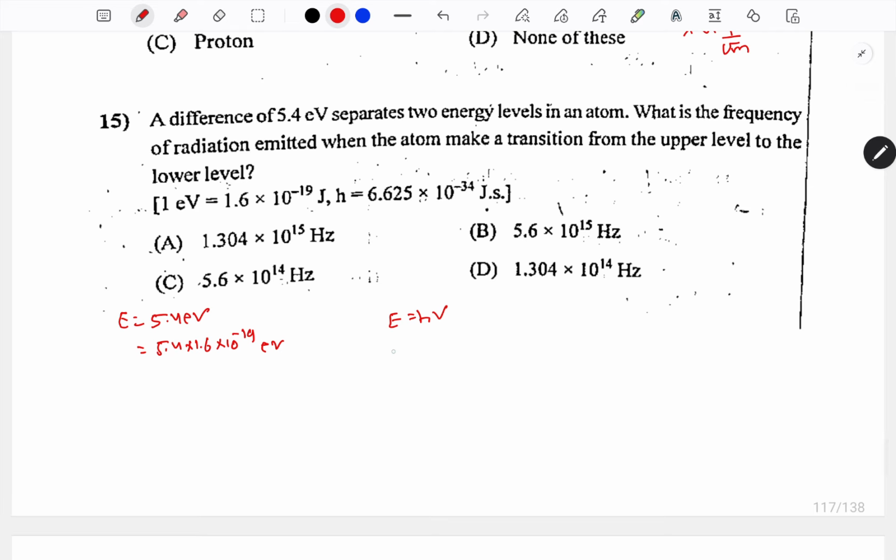So frequency v is equal to E by h, and E is equal to 5.4 into 1.6 multiplied by 10 to the power minus 19, divided by 6.25 into 10 to the power minus 34. So our answer will be 1.304 into 10 to the power 15. Okay, so A.